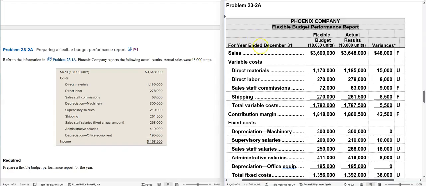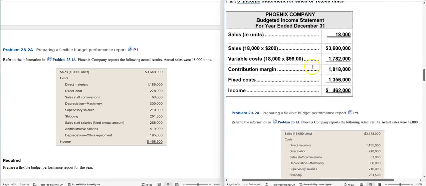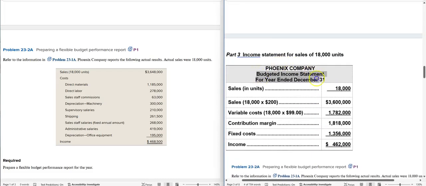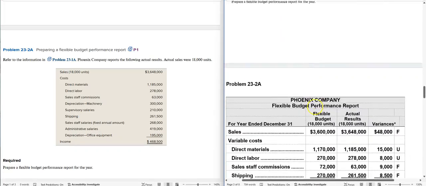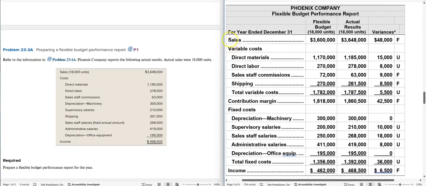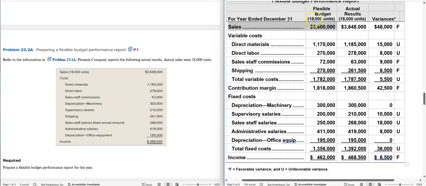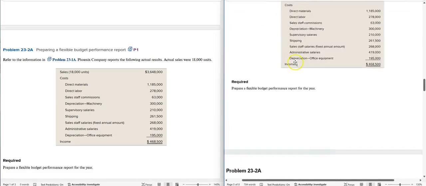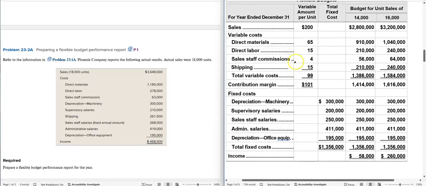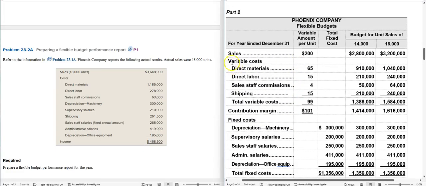So, pulling my flex budget, I had prepared this kind of big picture budget of 18,000 units, $3.6 million in revenues. Now above we didn't do the 18,000 unit budget on a line-by-line basis, but to prepare a flexible budget at 18,000 units, we're going to multiply 18,000 units actual by the budgeted cost per unit.